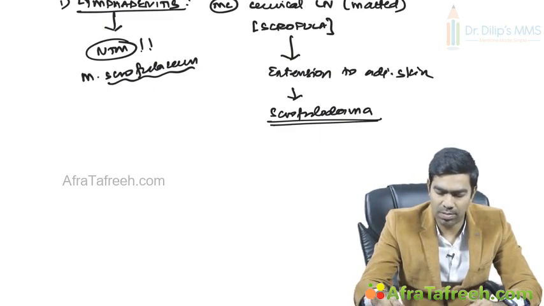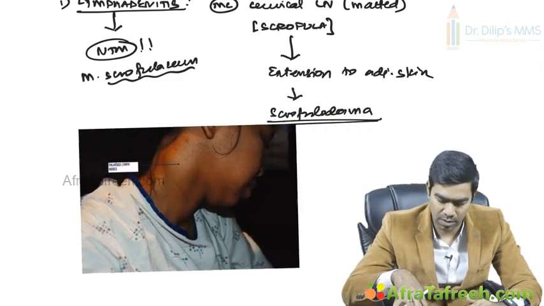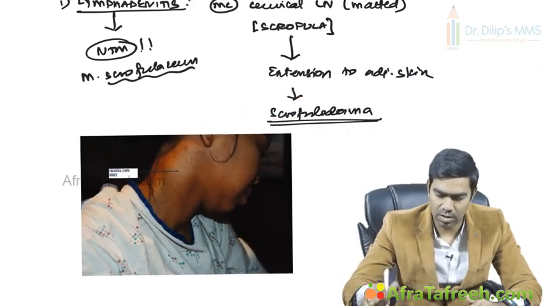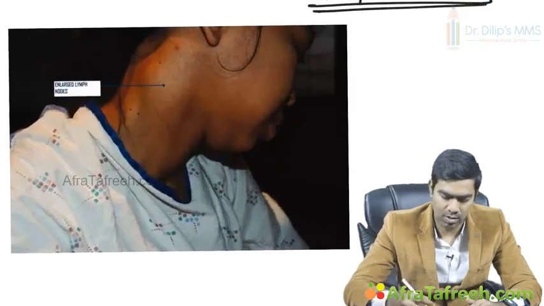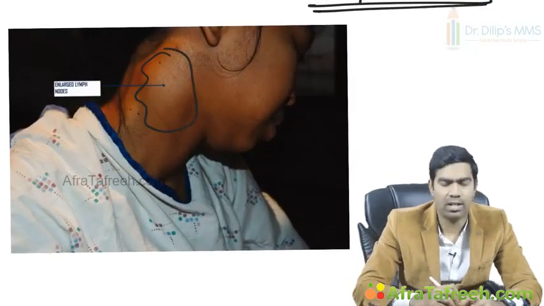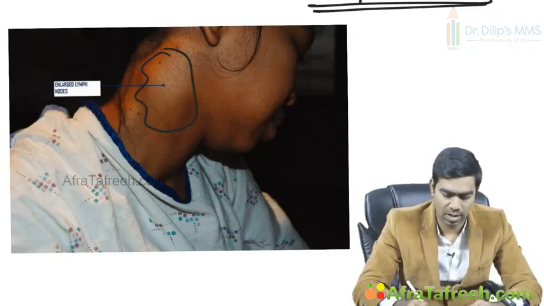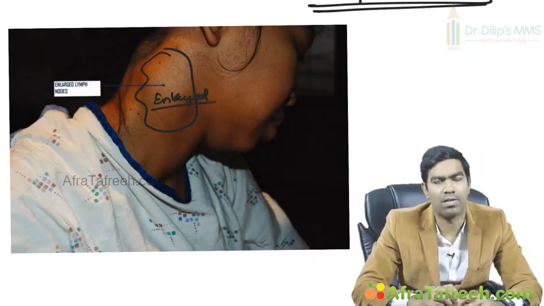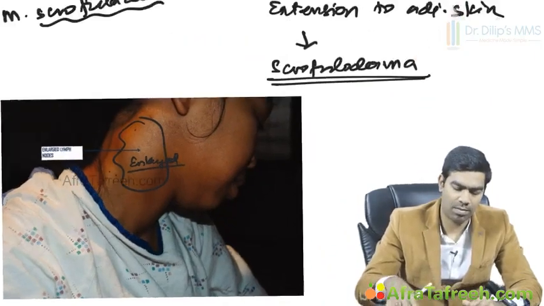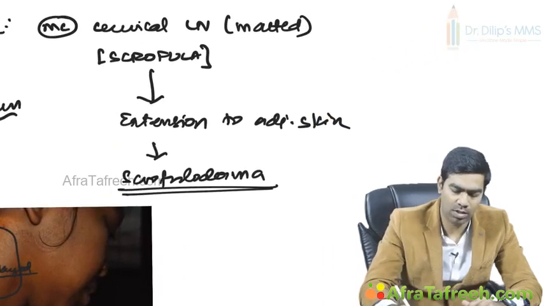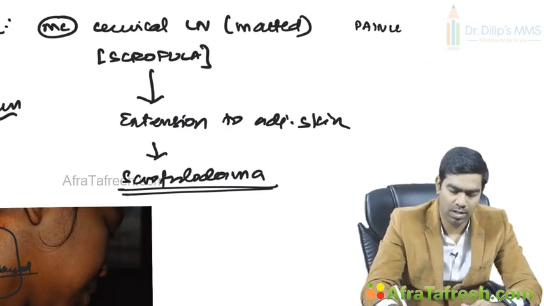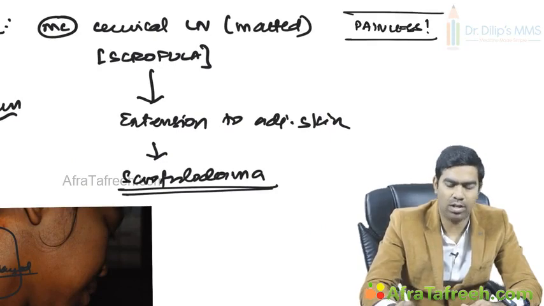You can see this is a typical patient who has scrofula. This is a painless lymph node mass present in the cervical region, which is an enlarged lymph node. If you touch them, most of the time you'll have a matted consistency. Apart from that, these nodes are going to be absolutely painless and non-tender.